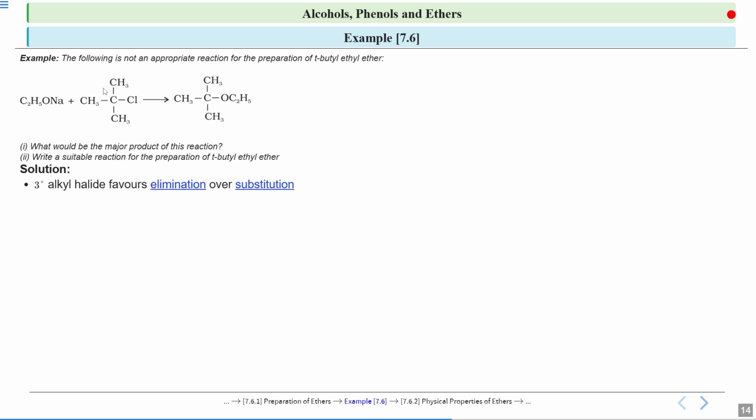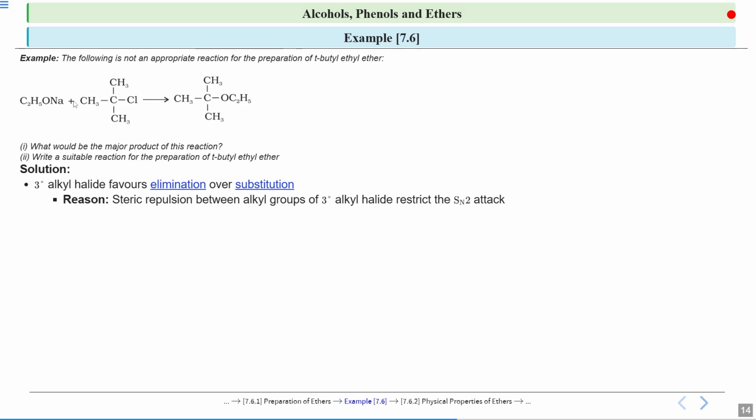So when there is a tertiary alkyl halide, we prefer elimination over substitution. That means an elimination reaction happens here. In this case, if you remember, an alkene is formed, not an ether. Because if this oxygen attacks this carbon, there are 3 methyl groups over here, so steric repulsion comes into the picture.